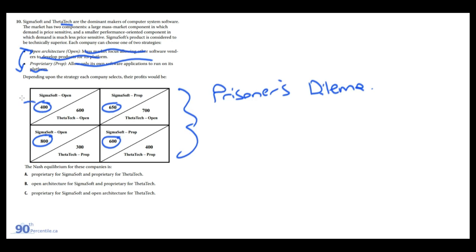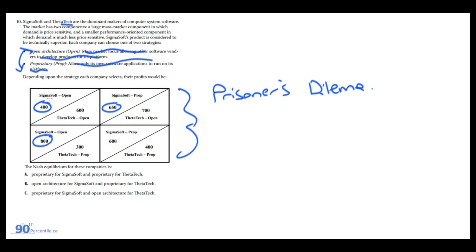You can see the 400 is below the 600 and the 650 if it's proprietary. So if Sigma chooses open, it's not necessarily better off, because if Sigma is open and Theta is proprietary, then it's better off. But if they're both open, Sigma is the worst off it could possibly be.